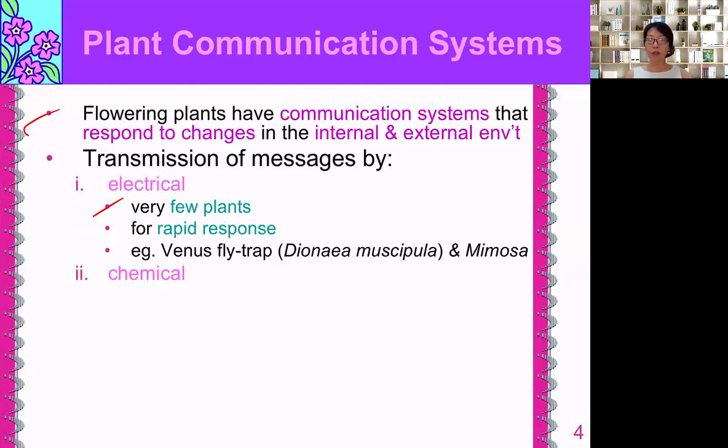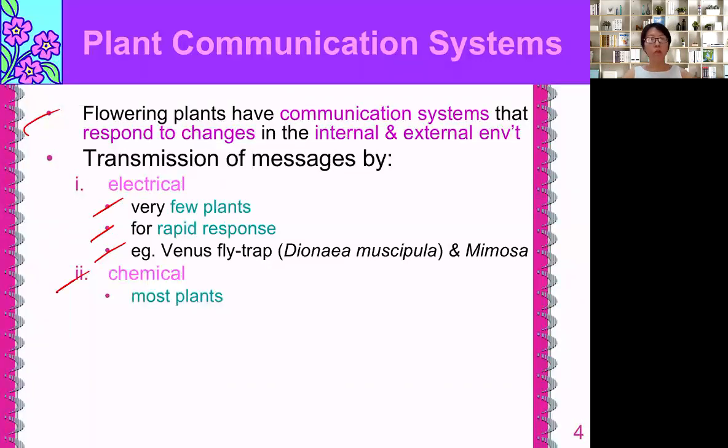So it's more expensive, but if you want it fast, you have to produce all these things and use ATP to achieve this fast communication. So very few plants have it. This is for very rapid response. The example we're going to look at is the Venus flytrap. Of course, mimosa also has a fast response. You touch the mimosa leaf and quickly it will close, isn't it?